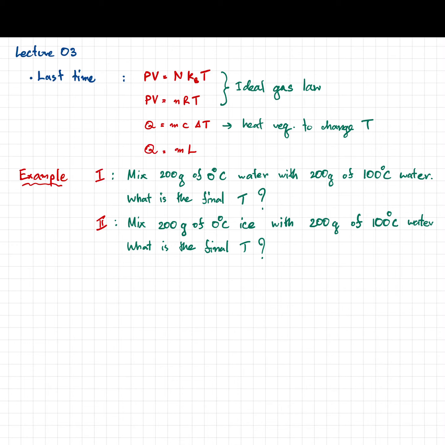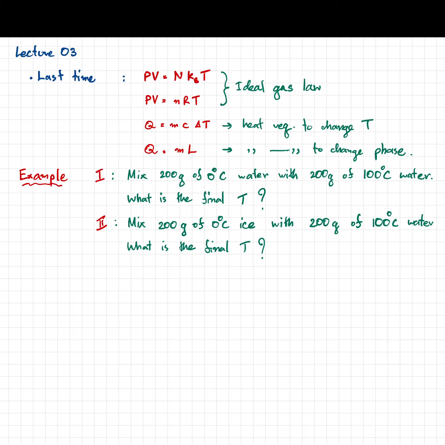Every time you have a phase transition, it takes extra energy to go across different phases, and the amount of heat that you need to go across different phases is given by this equation. Same thing, this is the heat required to change phase.